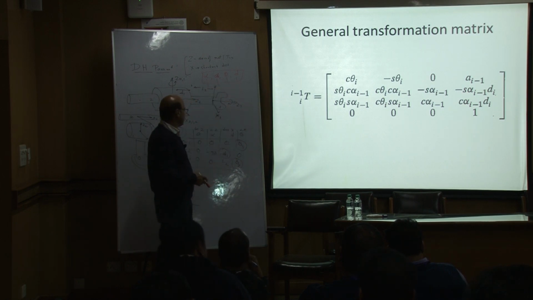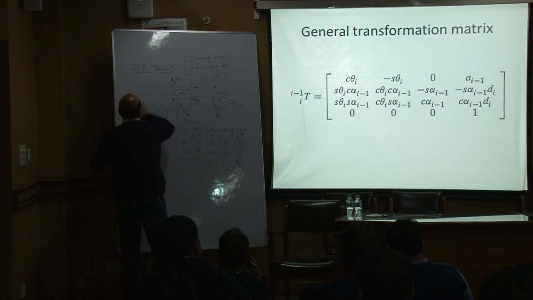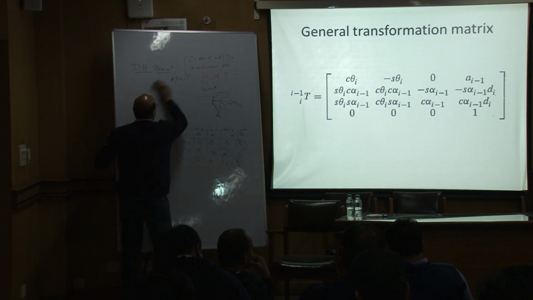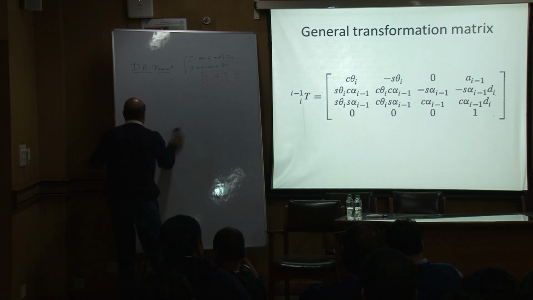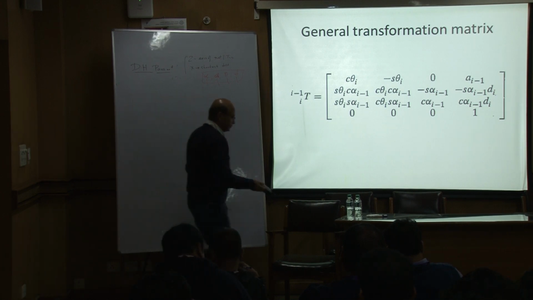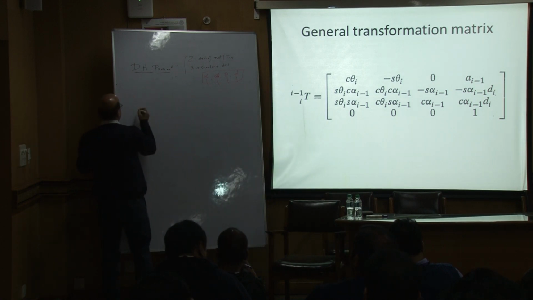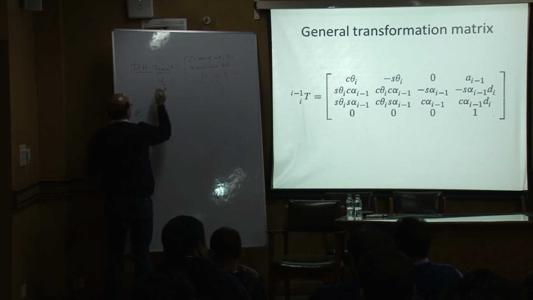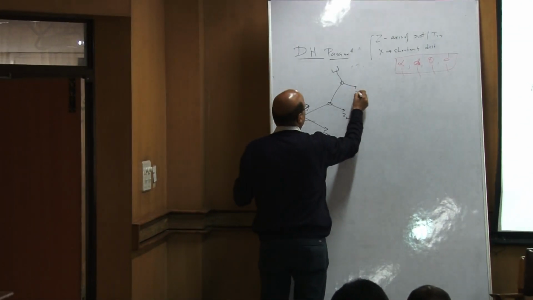Now what do we do with this is, if I want to find the... very quickly, let's finish off. So very quickly, I'll just take the objective of this. If you take our previous example like this, this is my Z0, Z1, Z2, Z3.